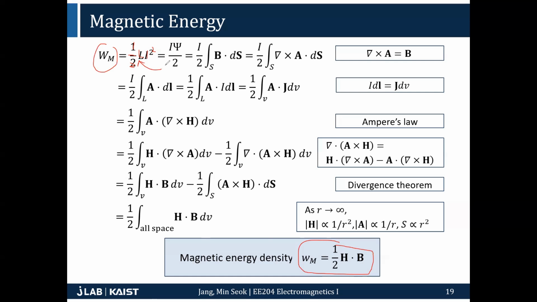If this is difficult, you can evaluate magnetic energy by just integrating 1/2 H dot B. That is much more straightforward: you can evaluate the B field everywhere, and that gives you the H field everywhere. Once you know the B field and H field everywhere, all you need to do is take the volume integration over the entire volume, and then you get the magnetic energy of a given system.